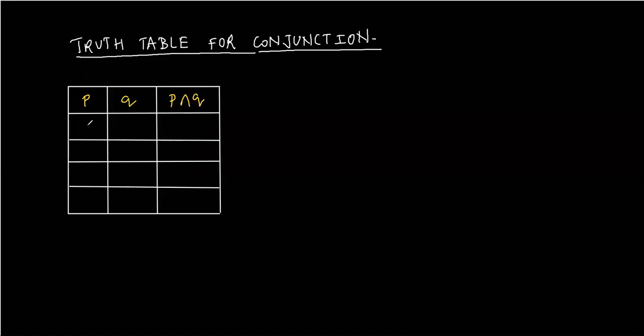P can be true, and when P is true, Q is true. If P is true, say Q is false. If P is false, this is true, and false, false. So in total there are four possible combinations. You can be sure that you do not have more than these four.